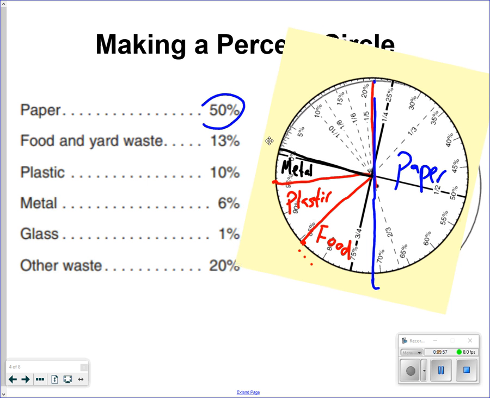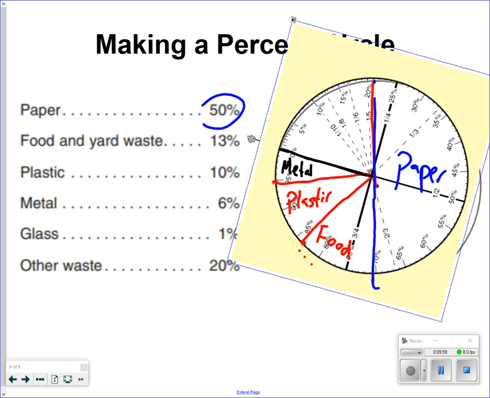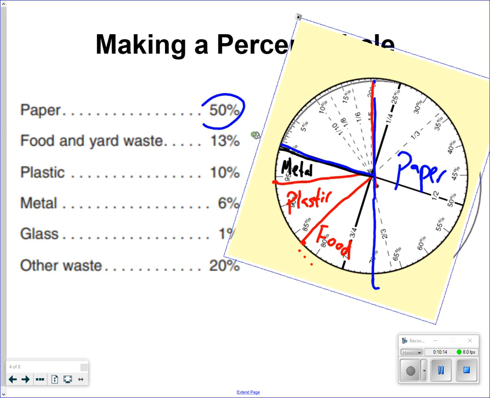Oops. Doing this my best with a computer. 1% is glass. Make a little mark at the 1% mark, a little tiny sliver of a piece right like that. Be glass, and then all other, let's see if we're pretty close to 20%. Take a look here. I'm at 0 here, and I'm moving all the way over right to the 20%, and that will be labeled other.